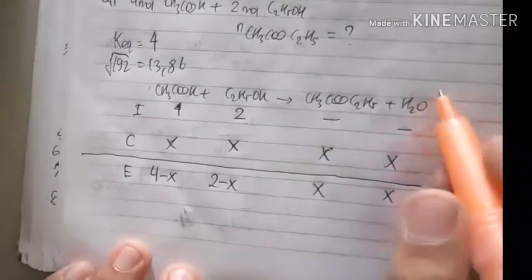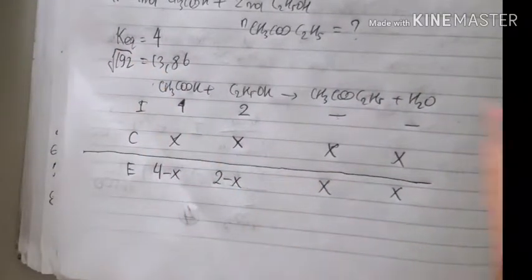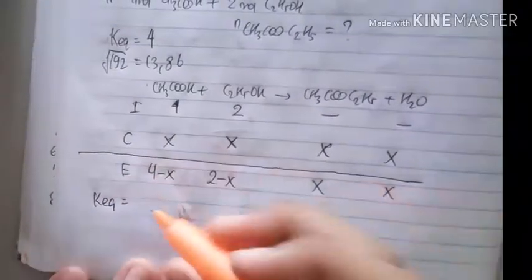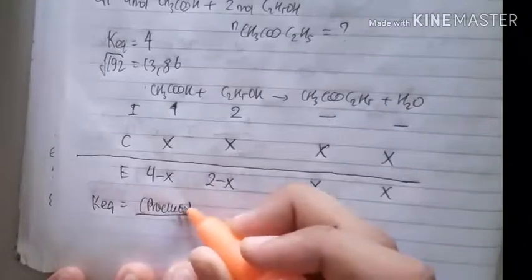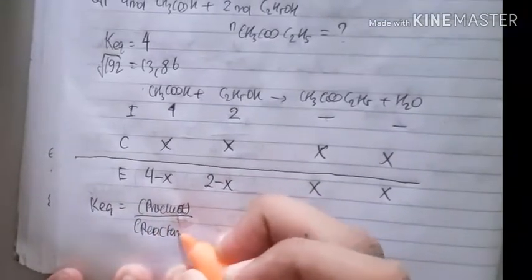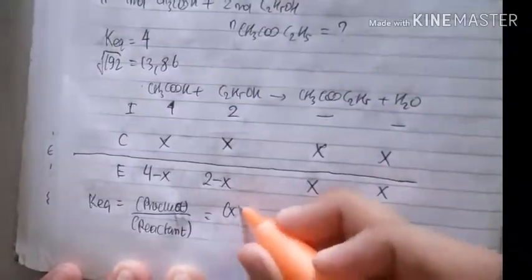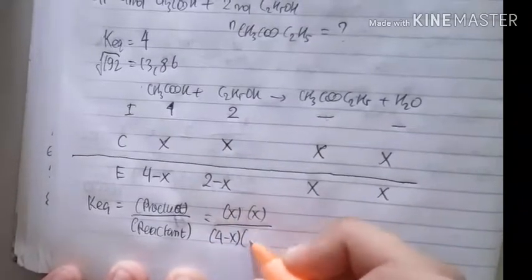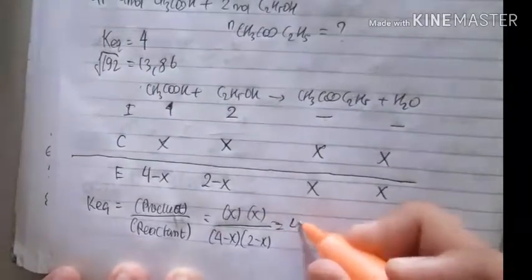Now we know that the equilibrium constant for the reaction is 4. The equilibrium constant is just the product over the reactants, and we know that is X times X over (4 minus X) times (2 minus X), and this equals 4.